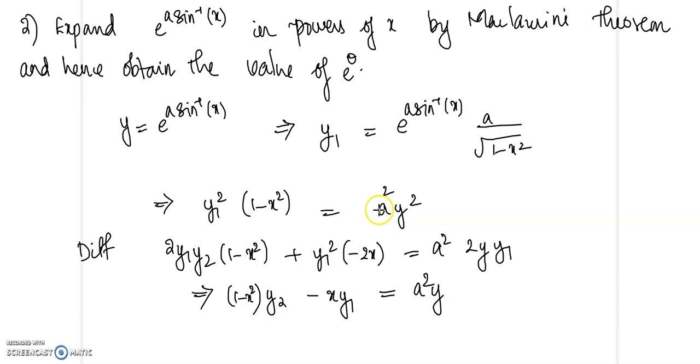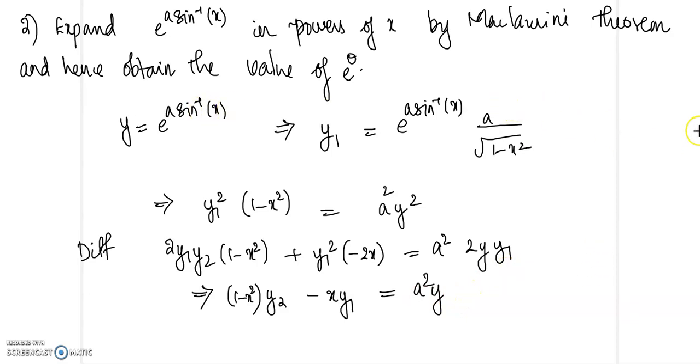Now let us differentiate this. So that gives 2y1 y2 into 1 minus x square plus y1 square into minus 2x equal to a square. Derivative of y square is 2y y1. Now 2y1 will cancel off in each term. So 1 minus x square y2 minus x y1 equal to a square y.